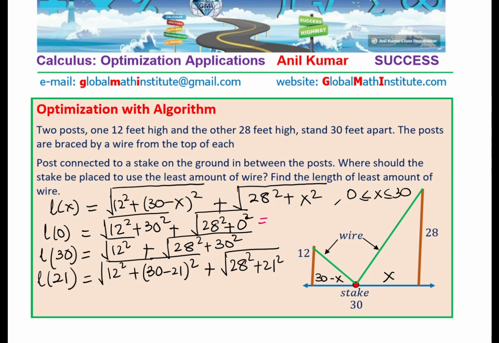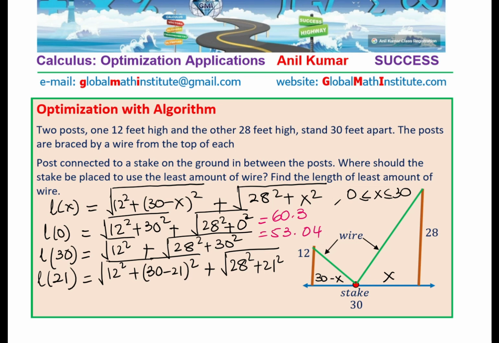It gives us a value, 60.3. The next one is 12 plus square root of 28 square plus 30 square. And that is equal to 53.04, right?